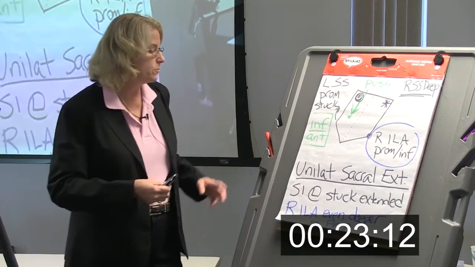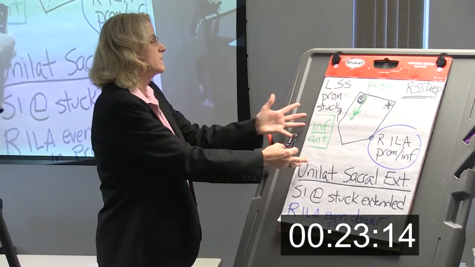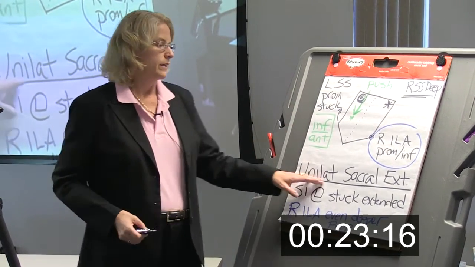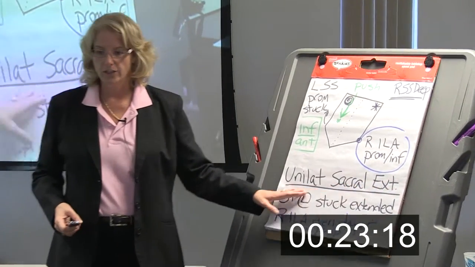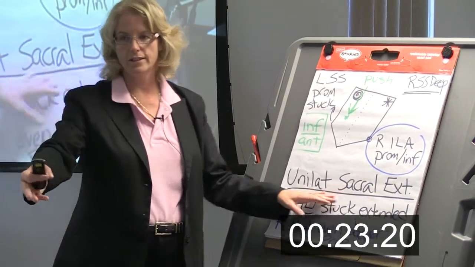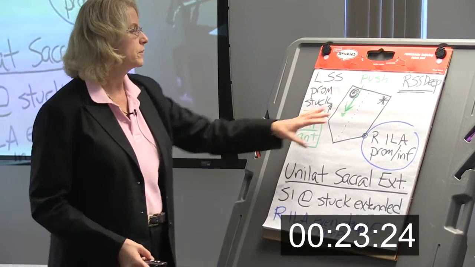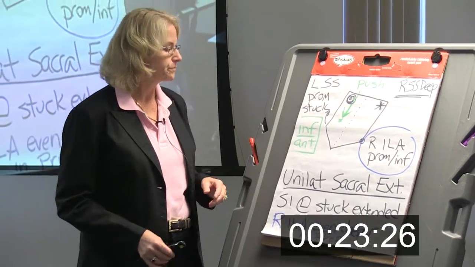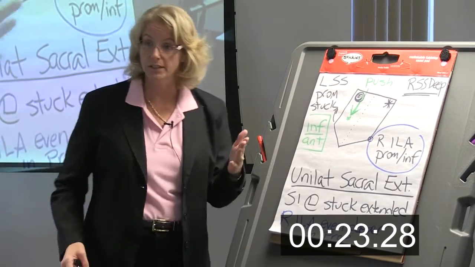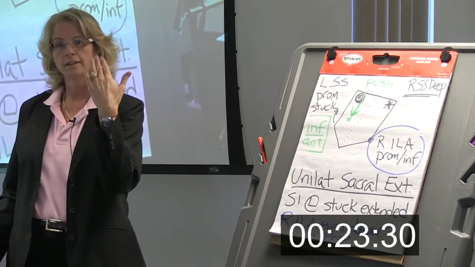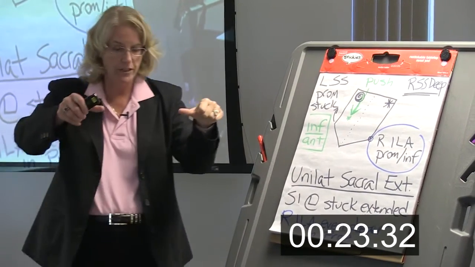Okay, so let's go back into where does the sacrum go? In a unilateral sacral extension, this is in your slides there, so you don't necessarily have to copy it again, but the picture might be interesting. Unilateral sacral extension. So if it's extended, what landmark's going to be closer to you on palpation? What will be prominent?